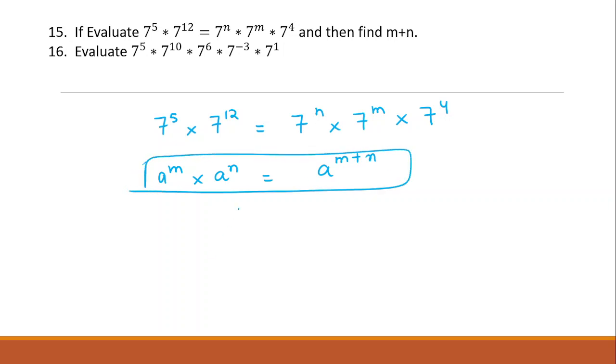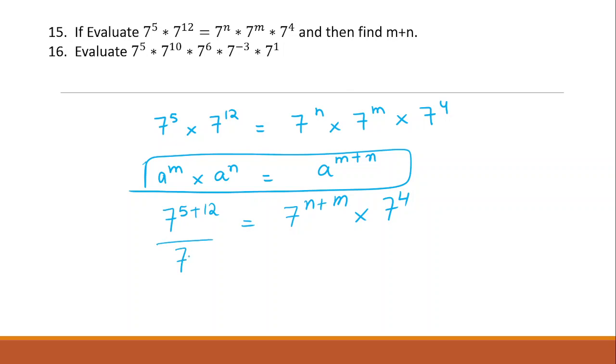So just apply this rule, so you will get 7 to the power 5 plus 12 equals 7 to the power n plus m, and let's just write 7 to the power 4. I'm not adding 4 with n plus m because we have to find m plus n.